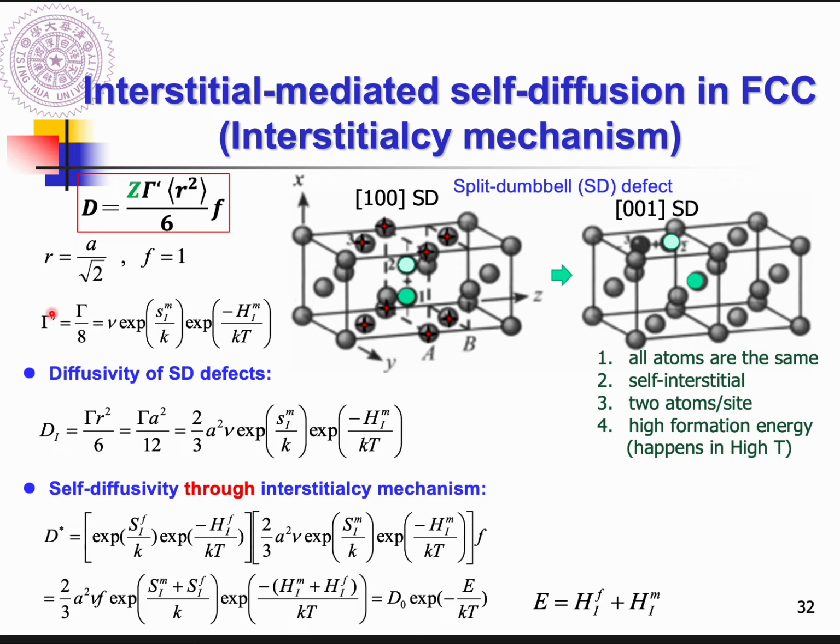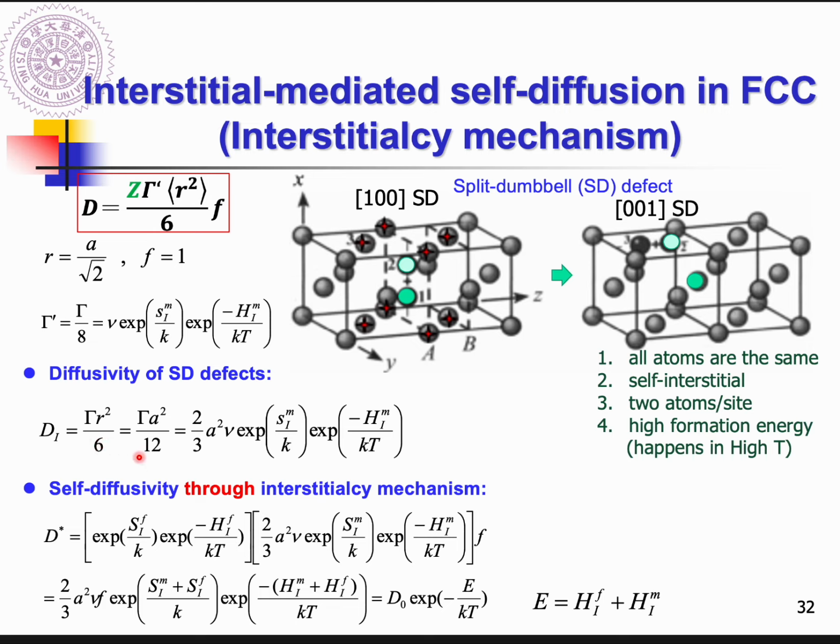If you use gamma prime, you get nu times the exponential of the migration energy, right? And the energy can be expressed as h minus ts, so you separate the temperature-independent term and the temperature-dependent term. Then we can easily formulate the diffusivity of this split dumbbell by inputting this information.